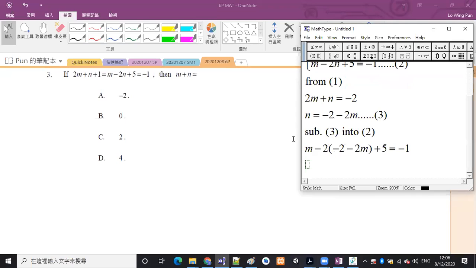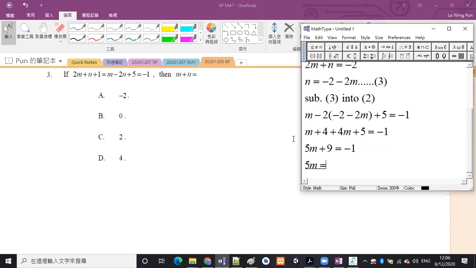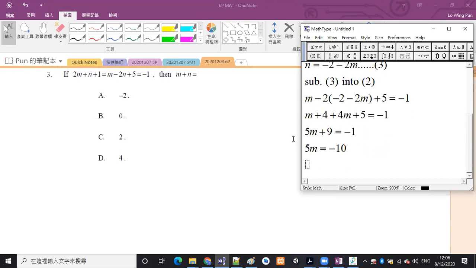And then you just remove the bracket: m plus 4 plus 4m plus 5 is equal to negative 1. Then you have 5m plus 9 on the left-hand side, and move the 9 to the right-hand side, you get negative 10, so m is equal to negative 2.